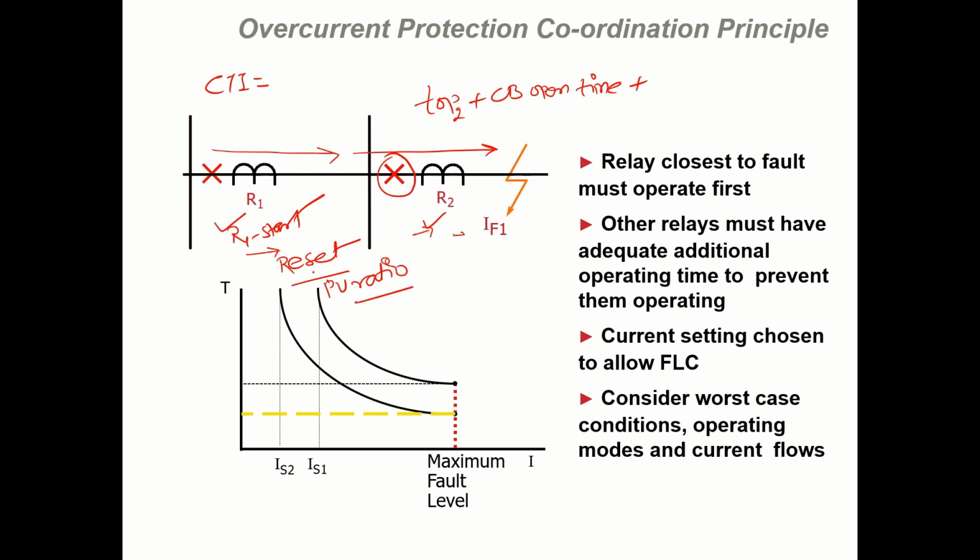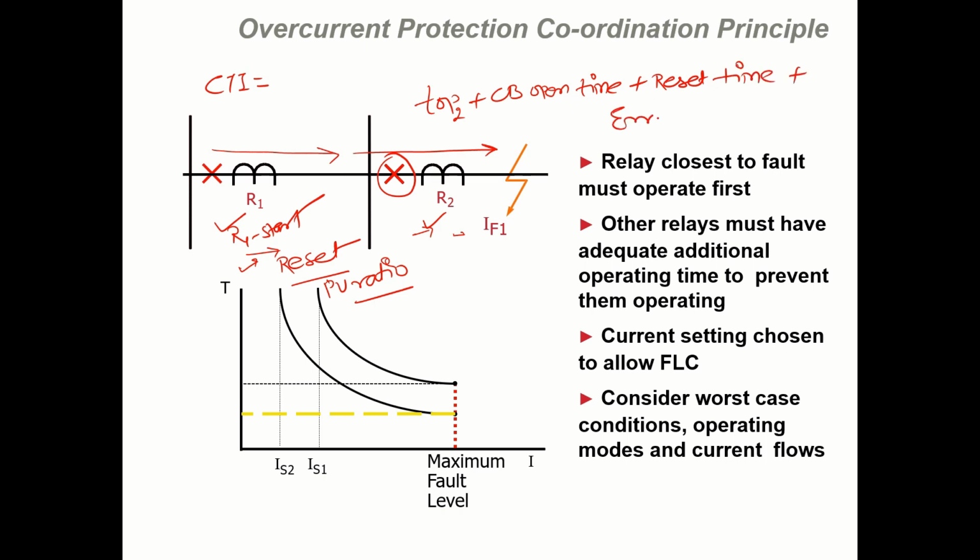So if the reset to pickup ratio is higher, then this relay will reset quickly. If the reset to pickup ratio is lower, then this relay will take a little bit of time to reset. So this reset time will also add to the coordination time interval.